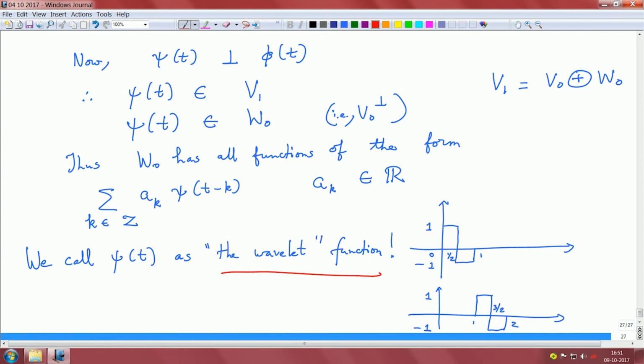Okay. So, now we saw that we can expand a function using the appropriate basis functions in an appropriate subspace.